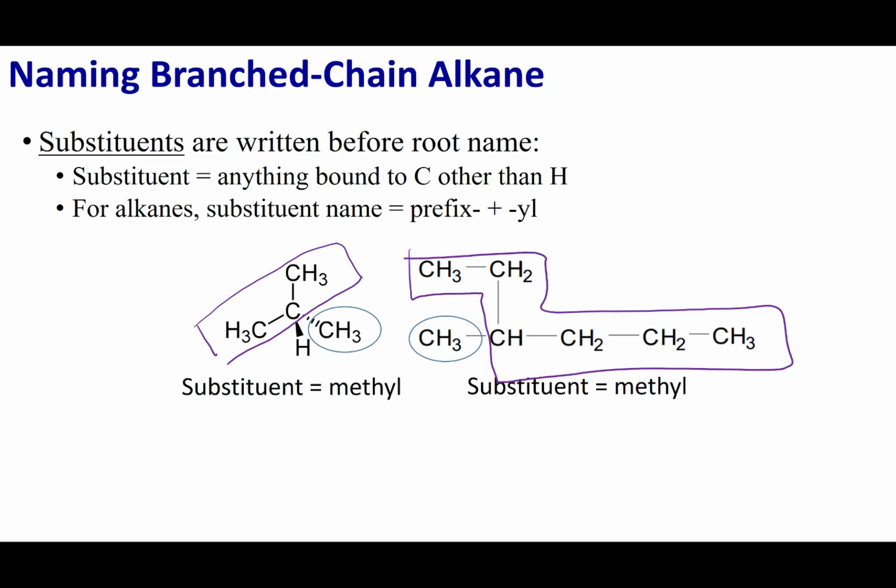Then you use the suffix "yl" to denote that it is a substituent, something that is branching off the main chain. In this case, we have a substituent made out of 1 carbon. Methyl would be the substituent's name. And again, the same right here: 1 carbon, "meth," because it's a substituent, "yl," so methyl as my substituent.